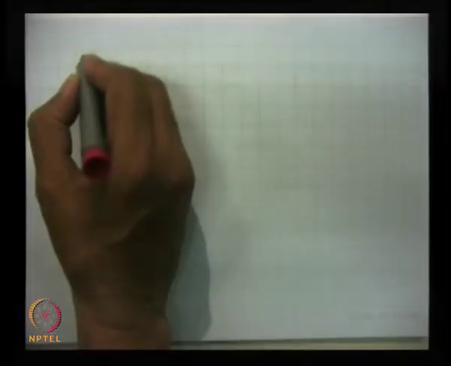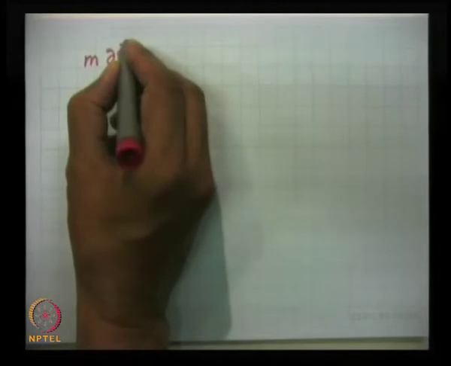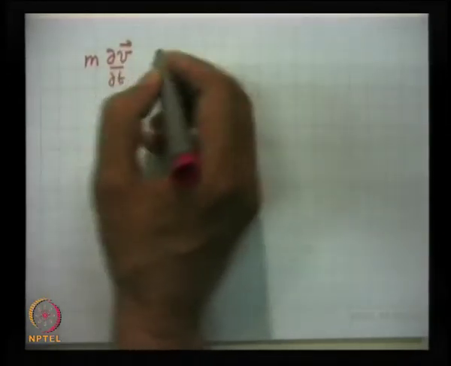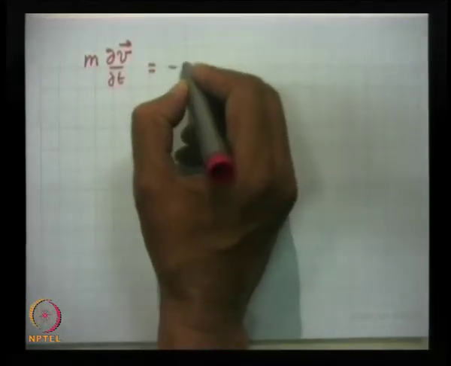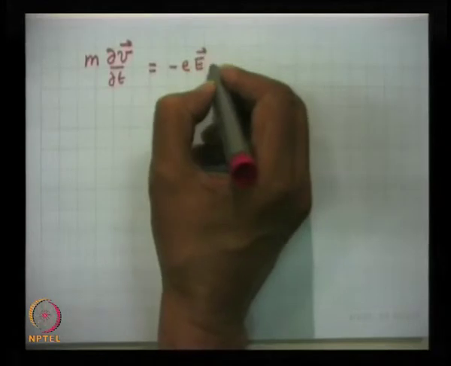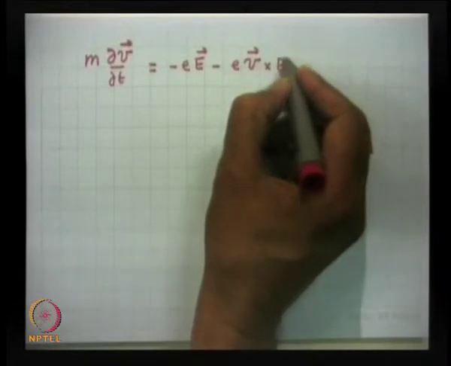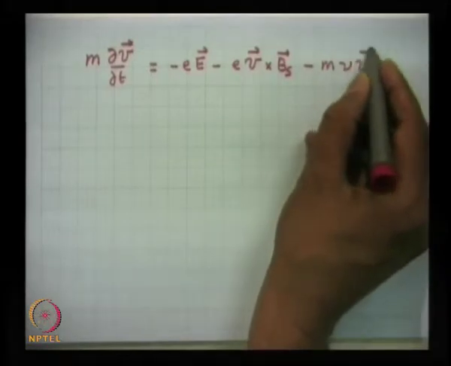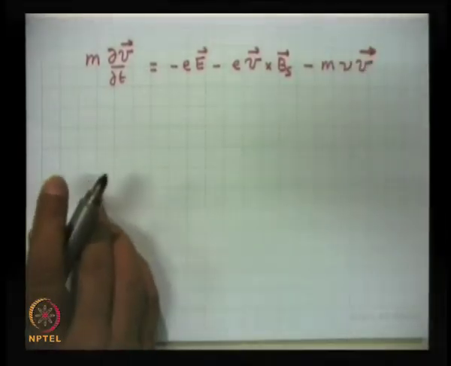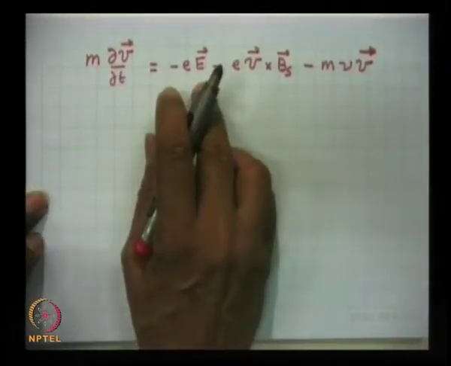The electron velocity is governed by the equation of motion, which is m delta v by delta t. The v dot del v term I will ignore due to linearization, and this is equal to minus E minus e v cross B_s, the static magnetic field, minus m nu v. This is the equation of motion, where v is the perturbed electron velocity and the electric field is the source.